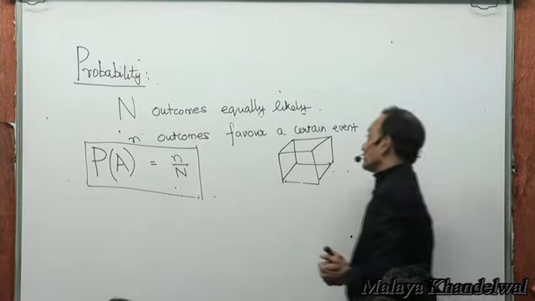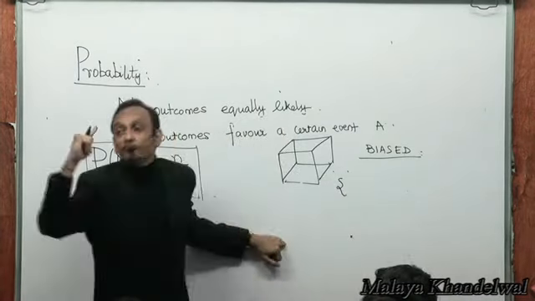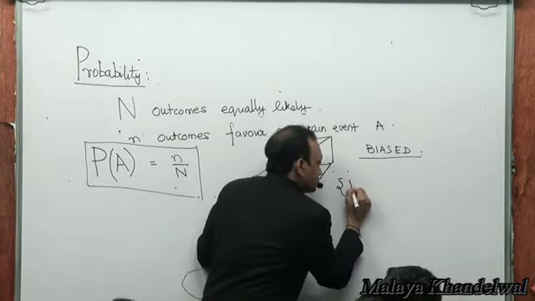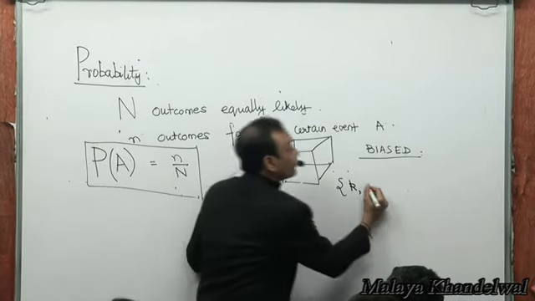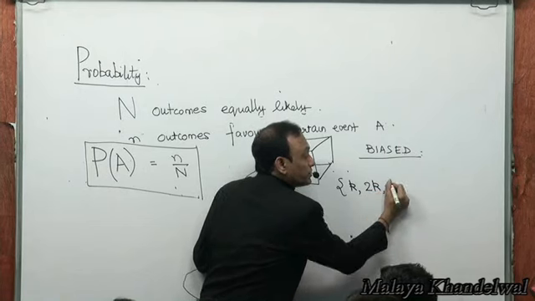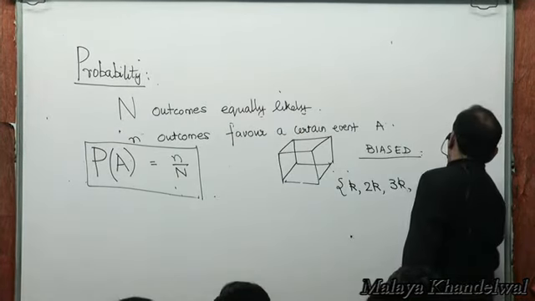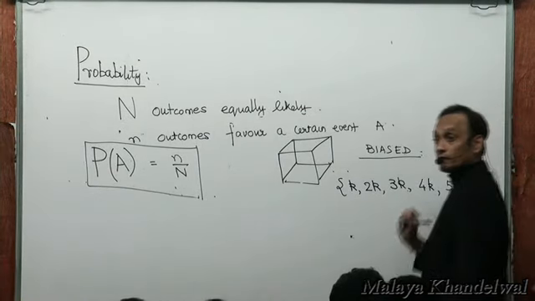That means the probability of getting 1, for example, if that's k, then the probability of getting 2 would be 2k. The probability of getting 3 would be 3k. 4 would be 4k. 5 would be 5k. 6 would be 6k. Yes or no?